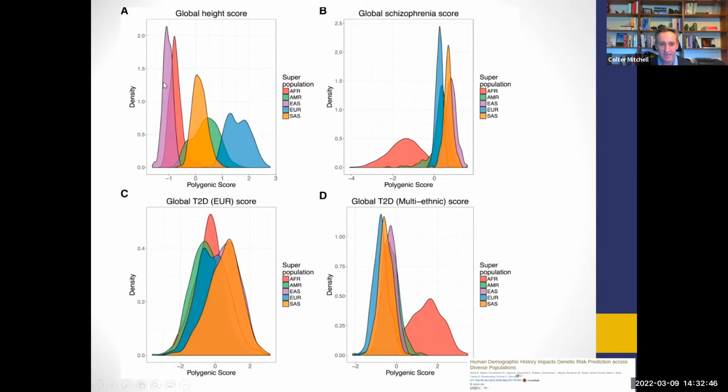On the far side is East Asian, and this red is African. This would suggest that Africans have significantly lower probabilities of being tall, so they're much, much shorter than European Americans, for example, which is not true, right? That's simply not true. It's because of these genetic architecture differences.